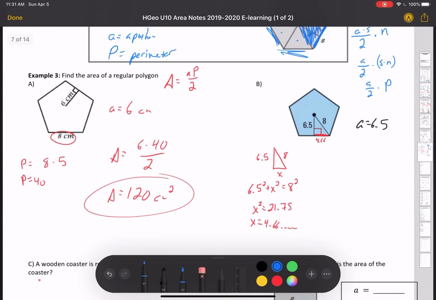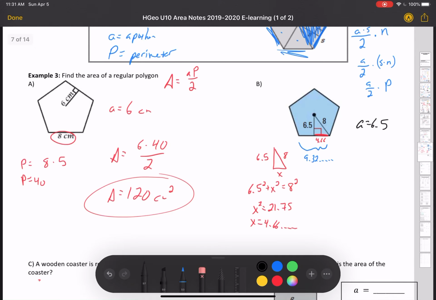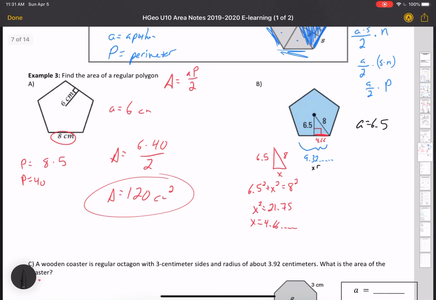I want to figure out what is the whole side length. So I need to multiply that expression times 2. And I'm going to get 9.32 and so on. Notice how I'm not rounding until the very, very end. Now to find perimeter, I need to multiply that times 5, the number of side lengths. And I'm going to get that the perimeter is equal to 46.63 and so on.